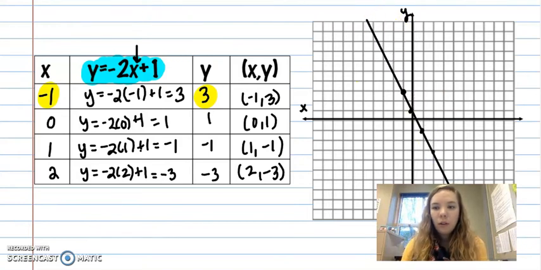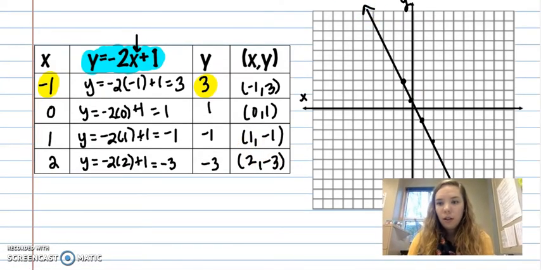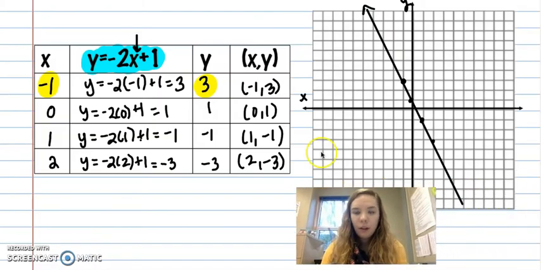Okay, when you draw your line, you want to make sure that it goes all the way across and has arrows on the end. Okay, lines go on forever. Okay, again, pause if you need to catch up, but you should have the table and the graph, and you can unpause when you're ready.